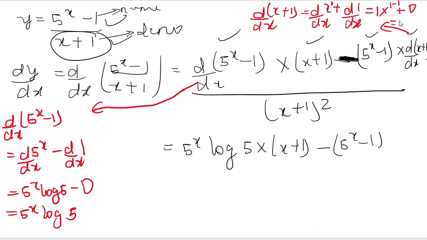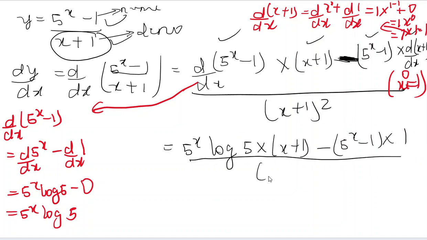So this will turn out to be 1 into x to the 0, and x to the 0 is 1. So this is 1 into 1. The final answer is 1. Remember, x to the 0 is 1. So this will turn out to be 1, and we divide it by x plus 1 the whole square.